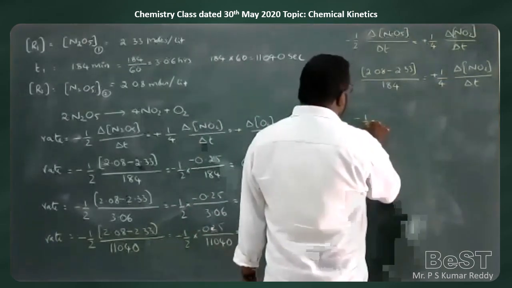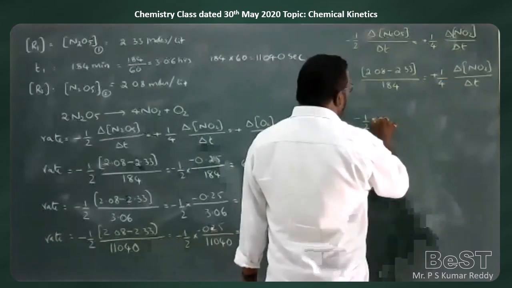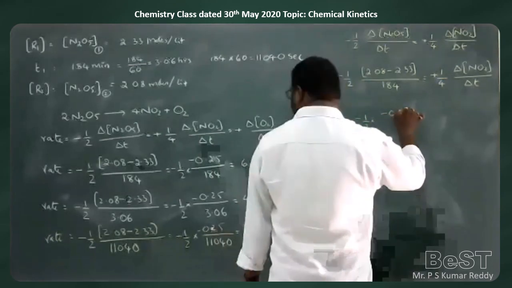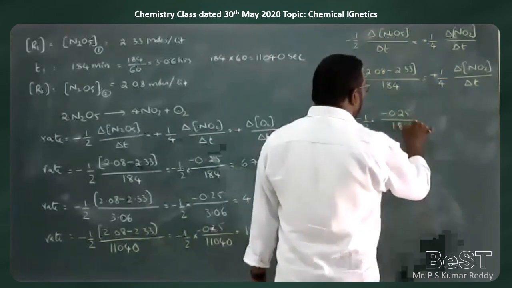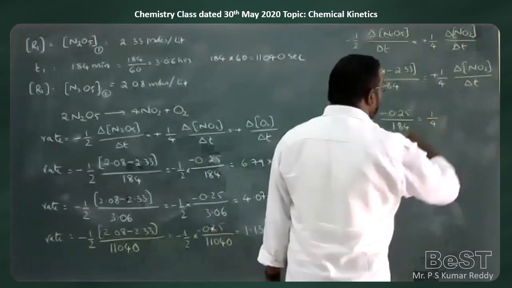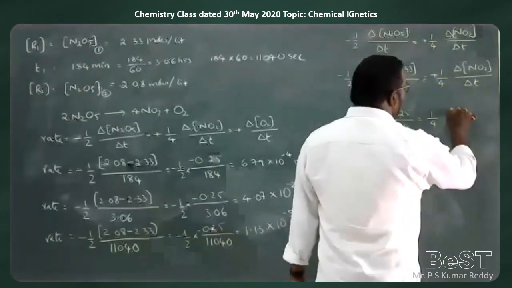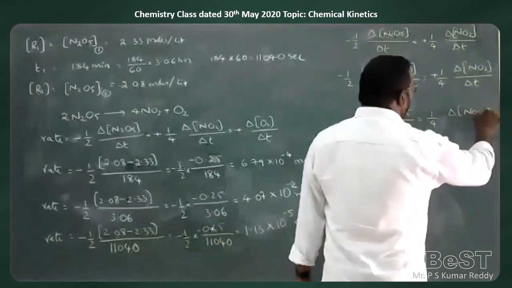So minus 1 by 2 into minus 0.25 by 184 equals 1 by 4 delta NO2 by delta t.